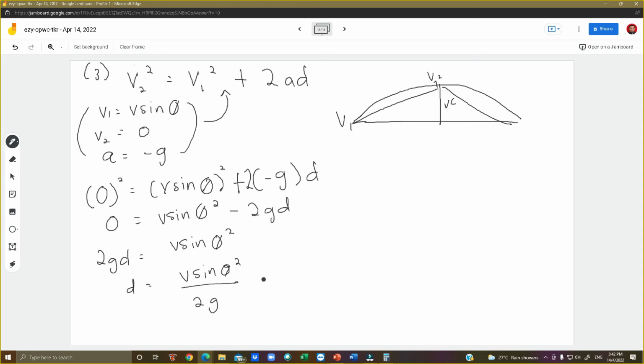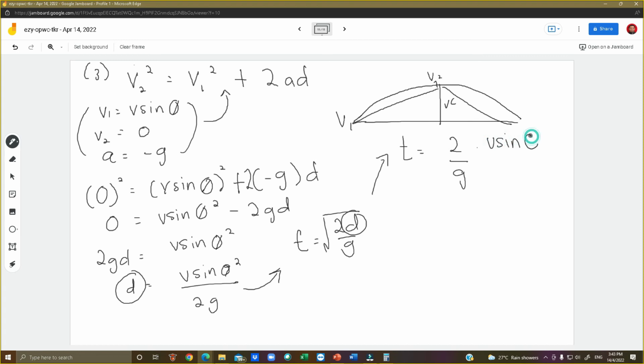Okay, now we substitute this value to T equals to 2D over G square root. Ni D ni. Yang kita dah ada value D, kita substitute. So you're going to get something like this. Sini T is equals to 2G. Okay, D tu kamu akan ada V sin theta square over 2G, square root.